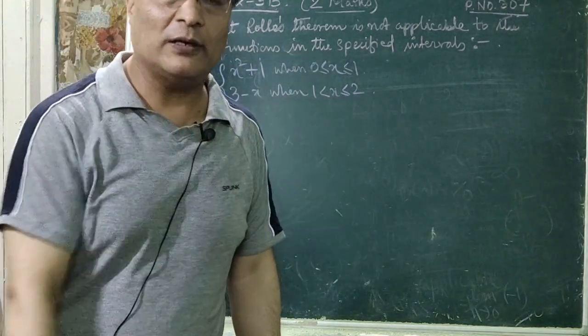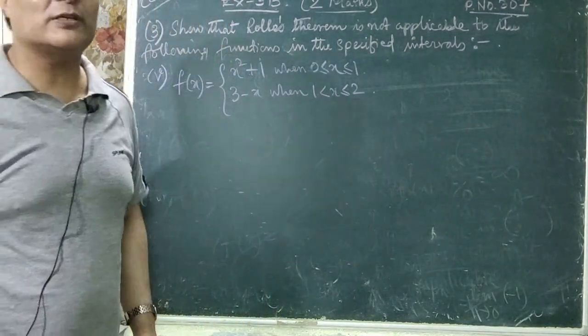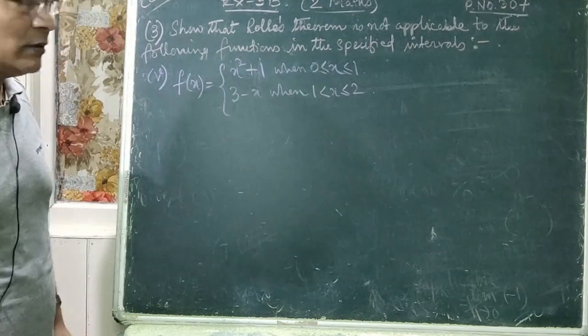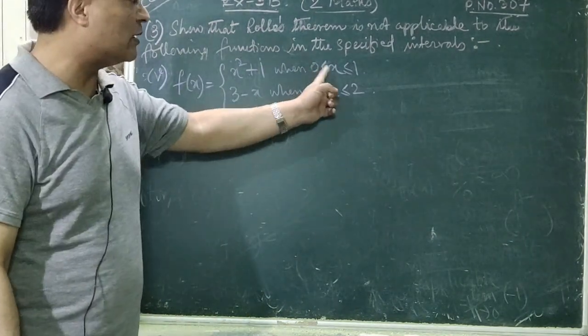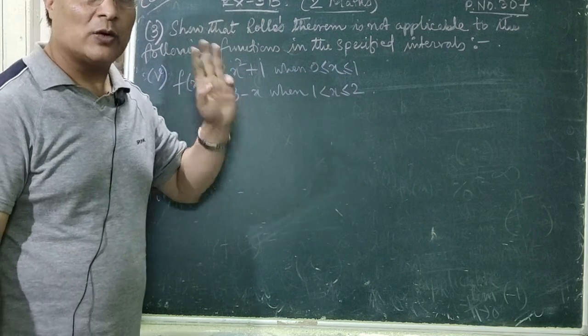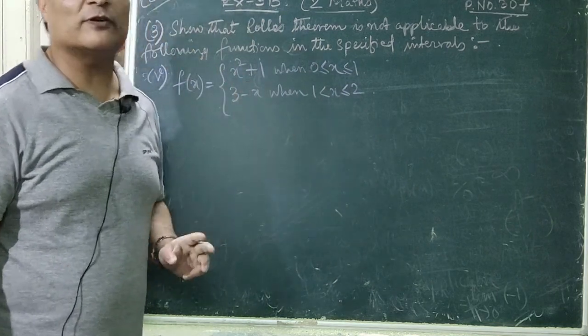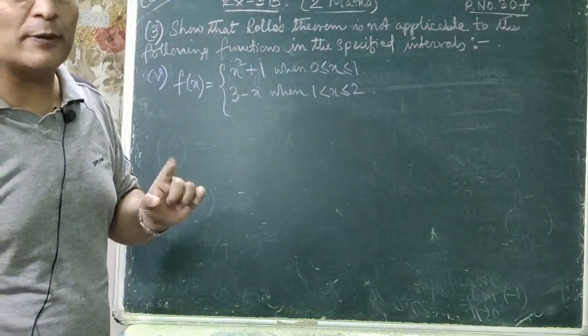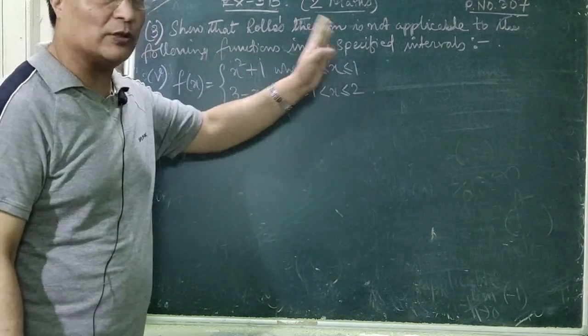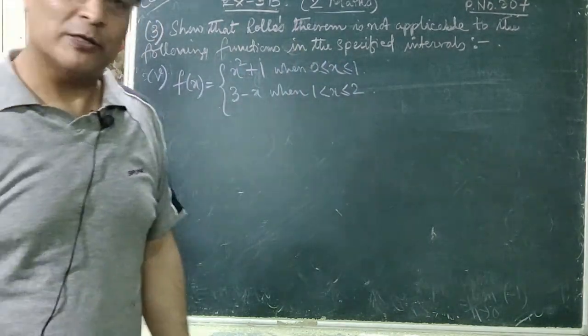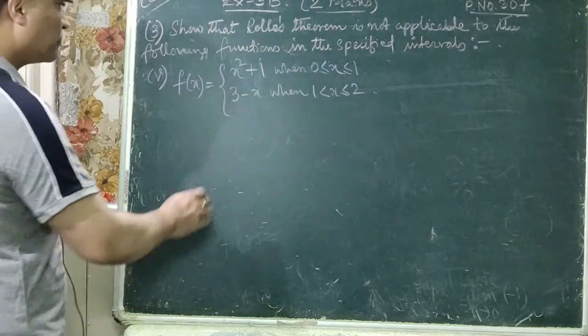So first of all, let us check whether the given function f of x is differentiable in the open interval 0 less than x less than 2. That is, you have to check whether the given function f of x is differentiable or not at x is equal to 1. Okay, so let us check it first.